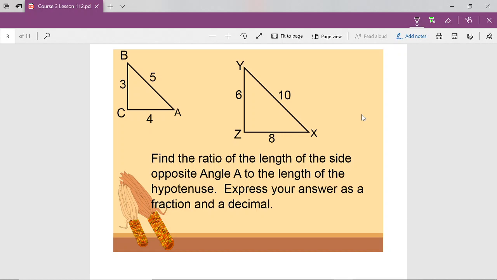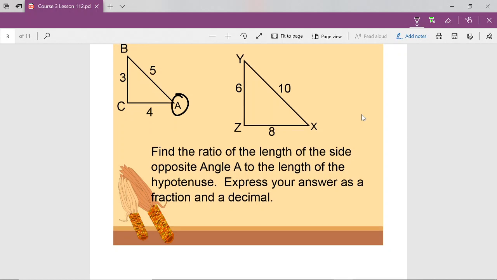Okay, so we're going to do that for this first triangle up here. So here's my angle A, and I want the ratio of the side opposite, so we're talking about this one that's opposite, so 3 over, remember we can show ratios as a fraction, so to the length of the hypotenuse, which is right here my longest side of 5. So express this as a decimal, we would say this as a decimal is 0.6.